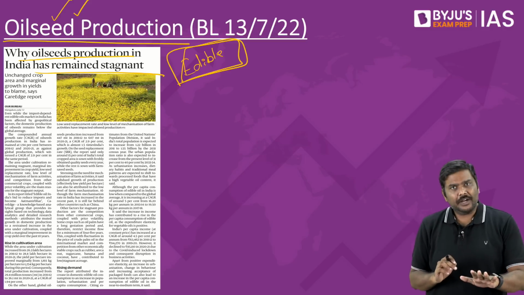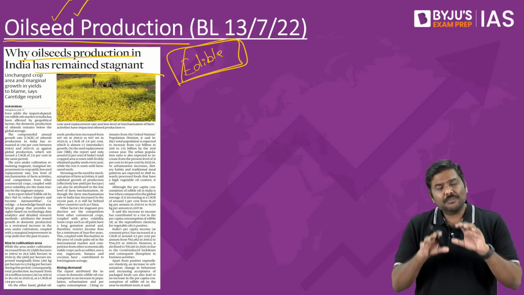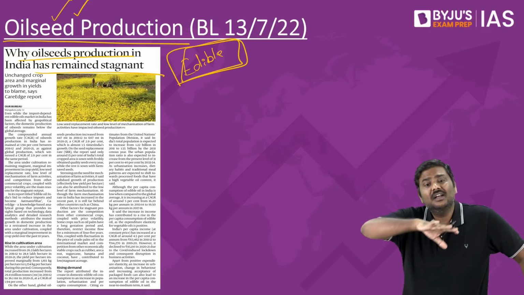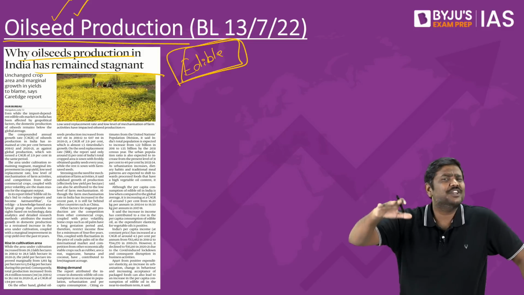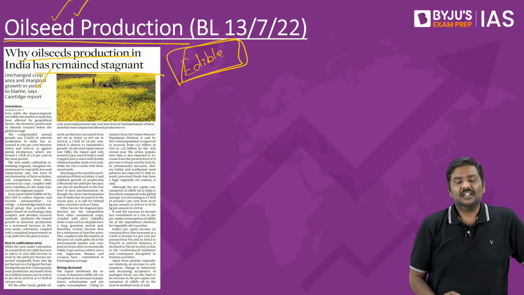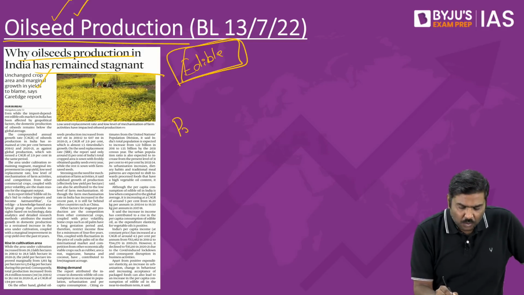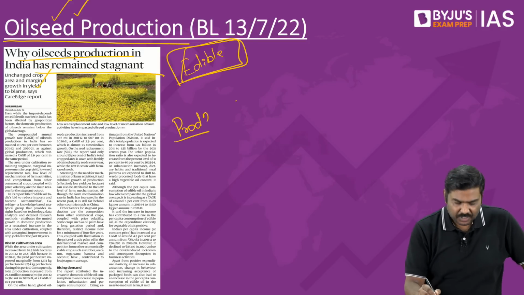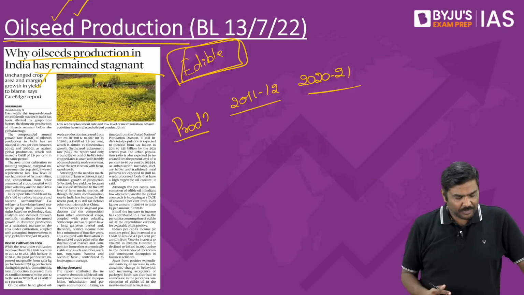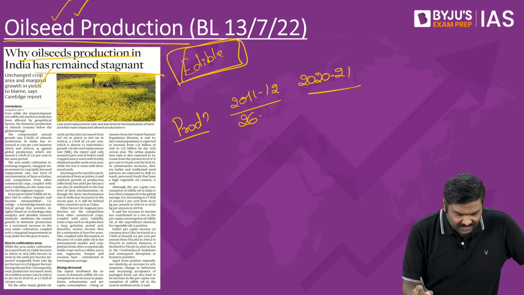What are the points given here? The points given here compare what has happened to oilseed production in the domestic market with oilseed production in the global market. For example, this article states that between 2011-12 and 2020-21 in the Indian economy, the area under cultivation has increased from 26.3 lakh hectares to 28.8 lakh hectares.